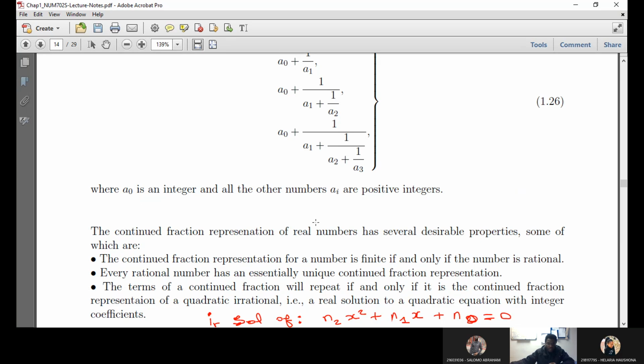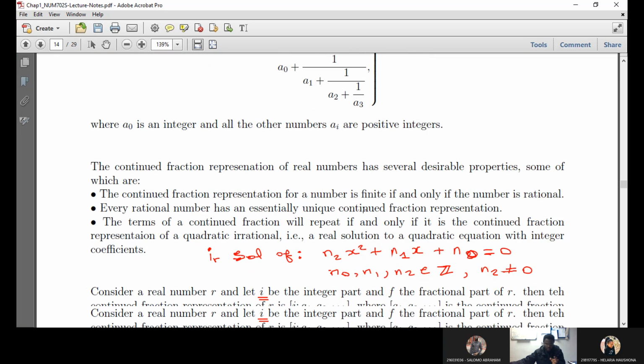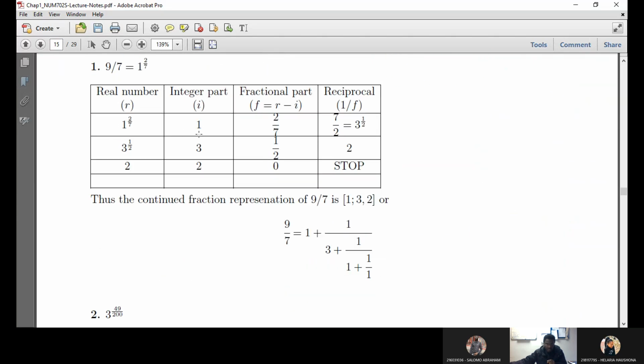Okay, so we collect, because they are all integers. All these, they are all integers. And this will come from the integer column, right? This one, integer part. So this is our A0. We write it here. And then A1, finally A2, which is this one. So A0, A1, A2.